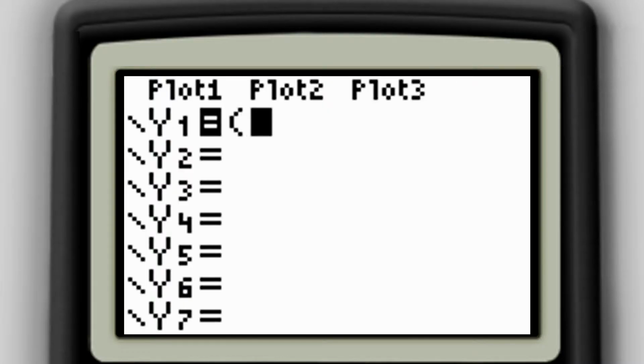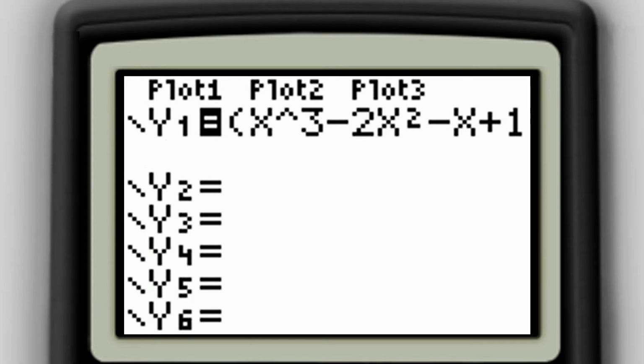So I've got parentheses, x cubed minus 2x squared minus x plus 1. Close my parentheses and then be sure to square that. Then I'm going to enter the equation of my line, 4x minus 3. And graph it.